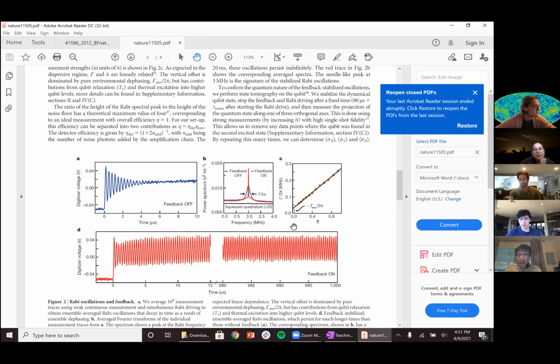Now, there's a ton of details that go into this. And in particular, getting to the point where the measurement didn't have a lot of extra noise added to it, where the only noise was the noise caused by quantum mechanics. That was really hard. That took years of development.